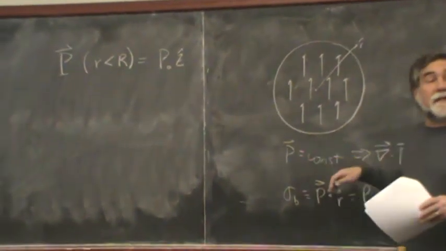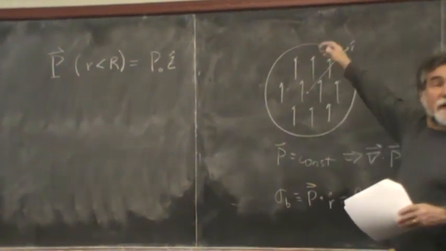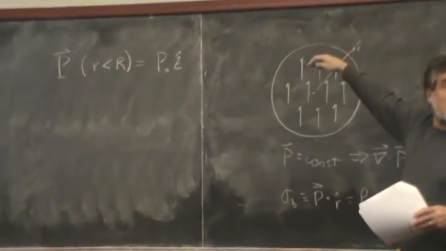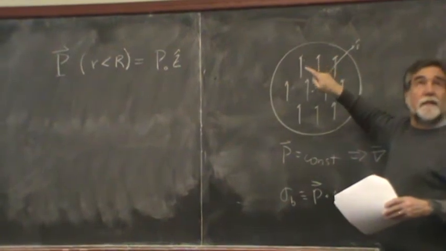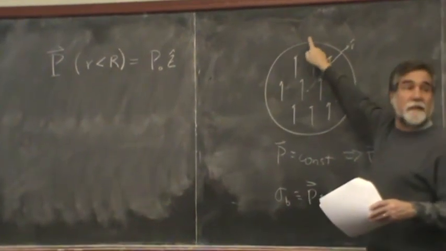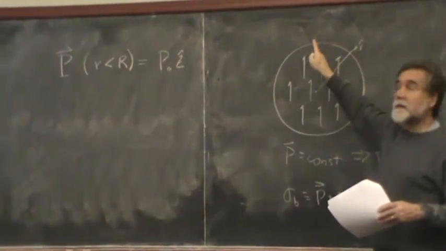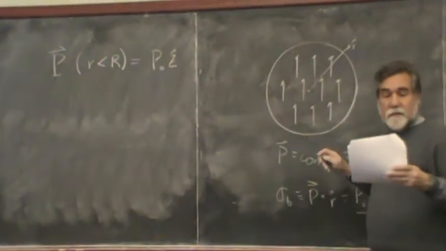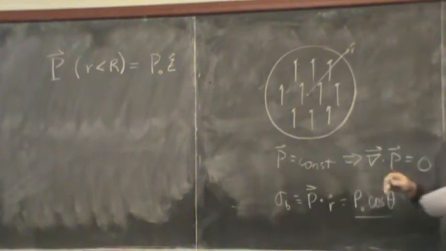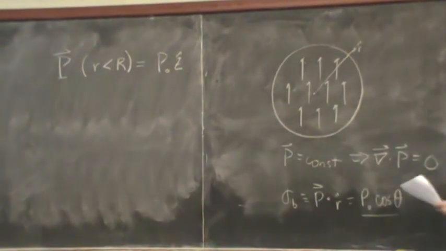Then, as you did in your homework, you satisfied the boundary conditions, and you found the relationship between the internal field and the charge density at the surface, and then from that, the potential. So I'm just going to write that down because you did it for homework.